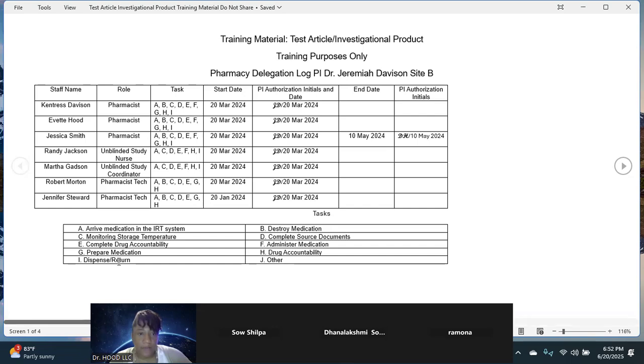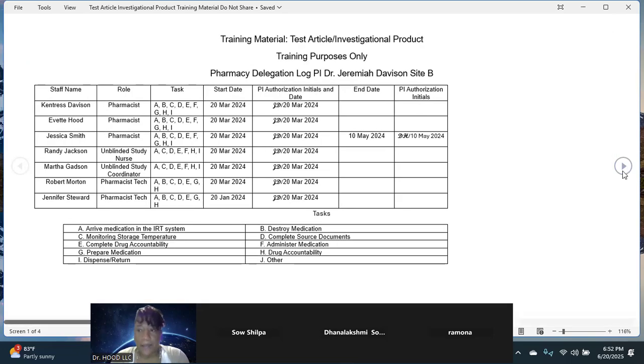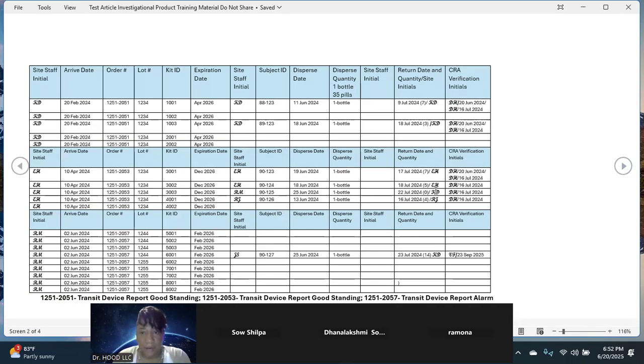So return is also I. So did everybody that received the drug can receive the drug? Yes. Yes. Yes. So it's highly possible that KD caught this situation and made sure that Robert Morton did not collect the medication.